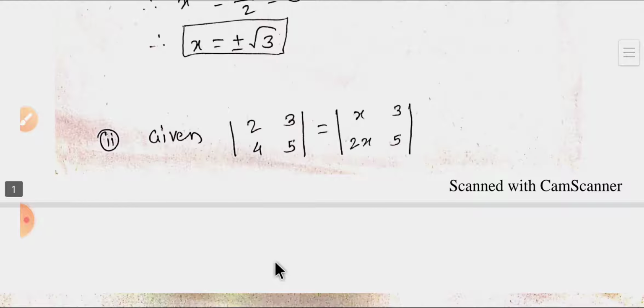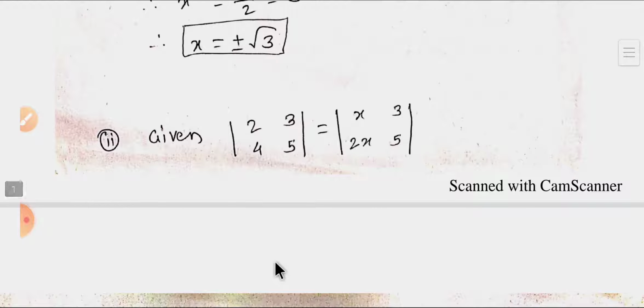Similarly, the second example: given the determinant |2 3; 4 5| equals the determinant |x 3; 2x 5|. Again by cross multiplication, 2 into 5 minus 4 into 3 equals x into 5 minus 2x into 3.